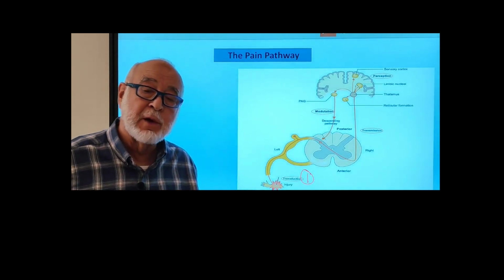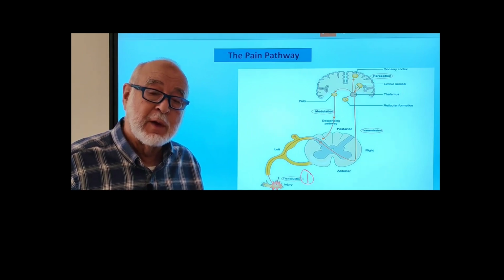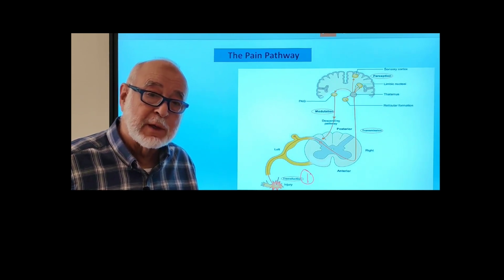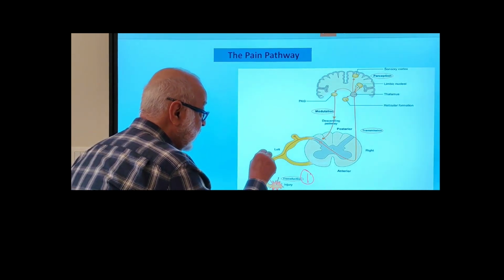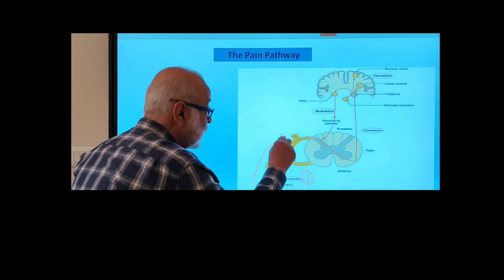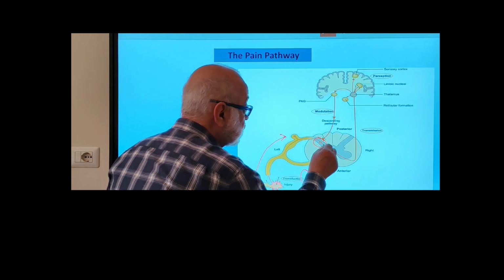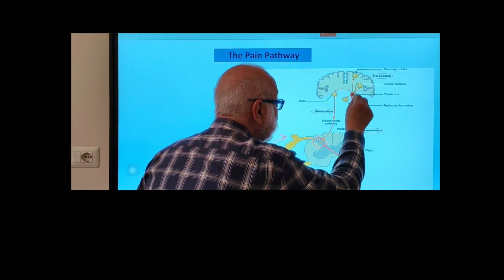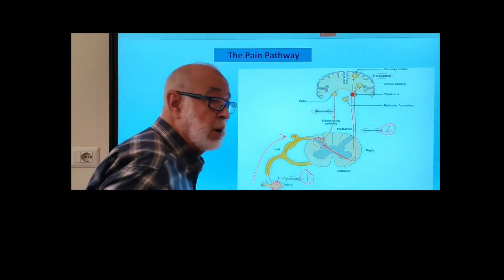In transduction, sensory nerve endings are stimulated by certain inflammatory mediators. These will generate an action potential or sensory input. This sensory input goes through the dorsal horn of the spinal cord up to the thalamus in the brain. And this process, we called transmission.